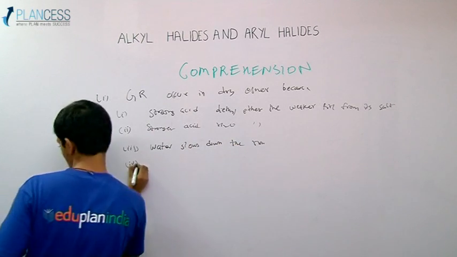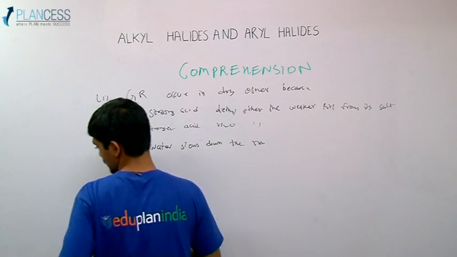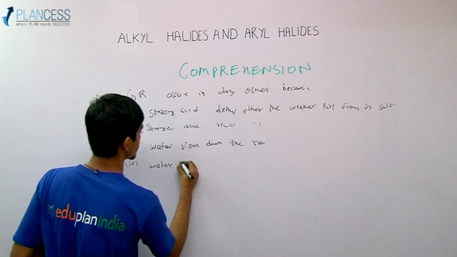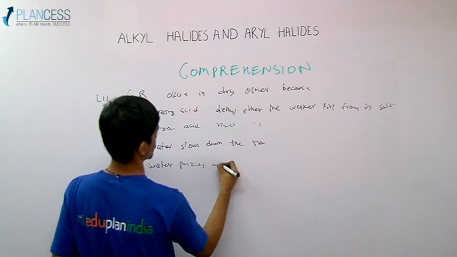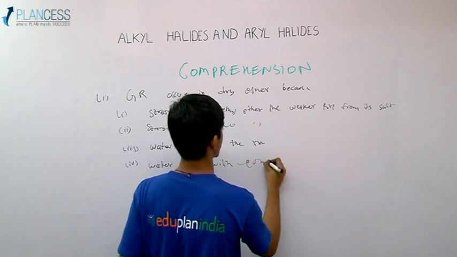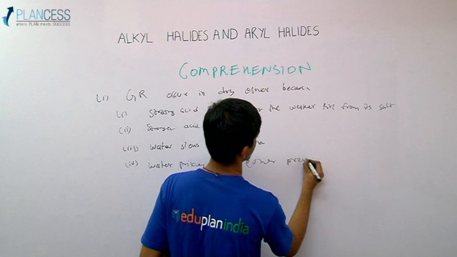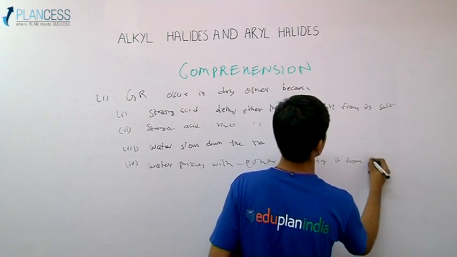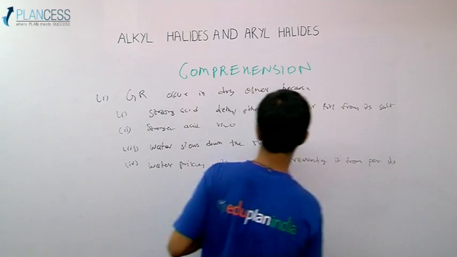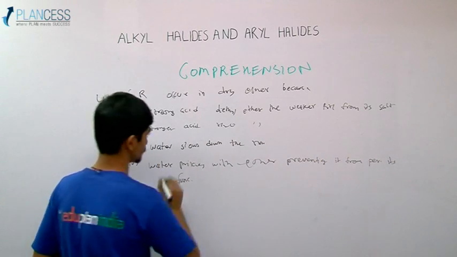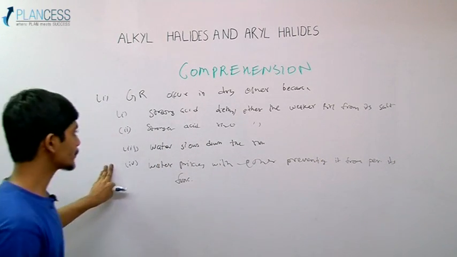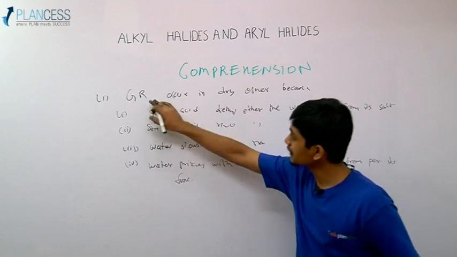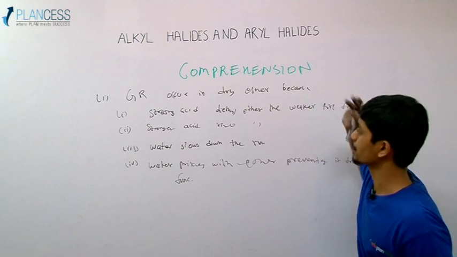The fourth statement says water mixes with ether, preventing ether from performing its function. Now, these are the four options given to you, and you have to tell the correct reason for the given question. Grignard reagent occurs in dry ether because.